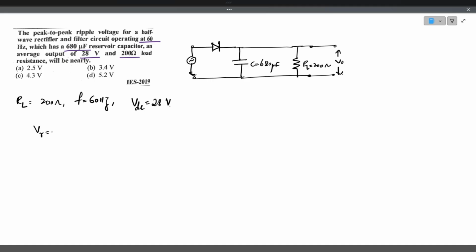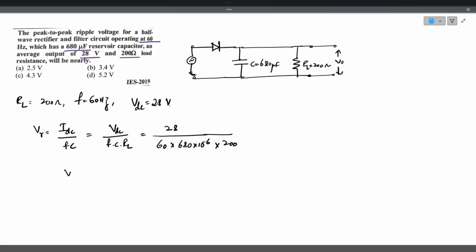The ripple voltage formula for a half-wave rectifier with capacitor input filter is IDC divided by FC, which can also be written as VDC, that is output DC voltage, divided by F dot C dot R, load resistance. Substituting these values, you have 28 volts divided by 60 Hertz, 680 microfarads multiplied by 200 ohms load resistance.